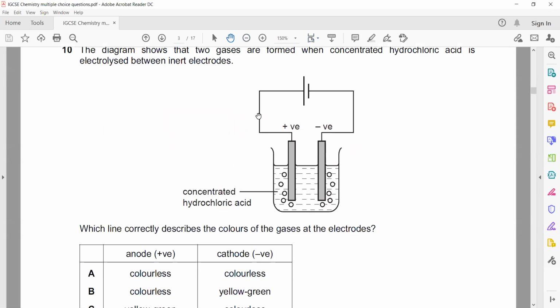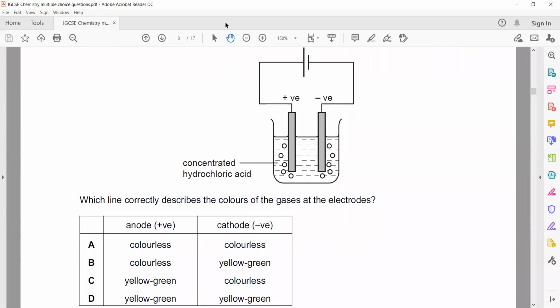The diagram shows that two gases are formed when concentrated hydrochloric acid is electrolyzed using inert electrodes. Concentrated hydrochloric acid contains hydrogen ion, chloride ion, and also hydrogen ion and hydroxide ion.